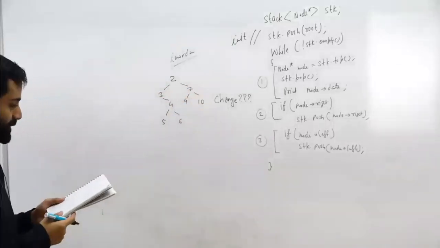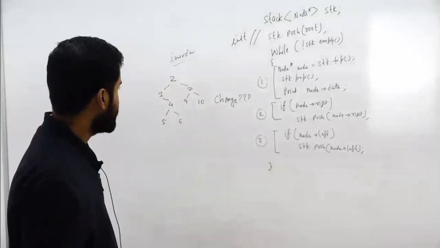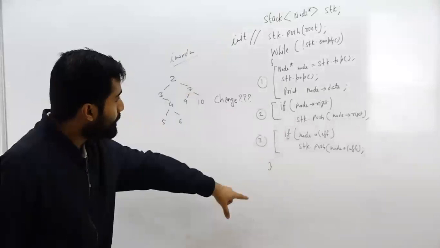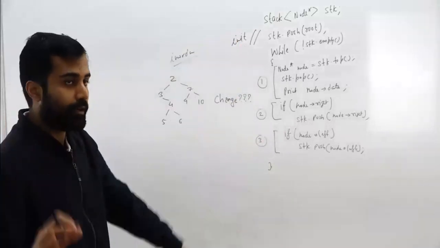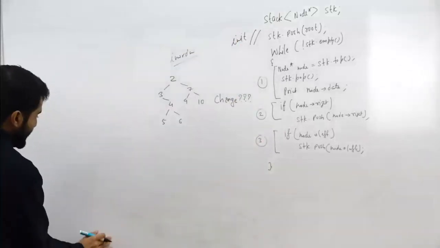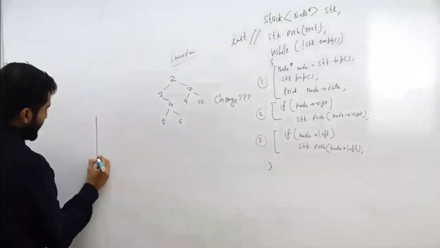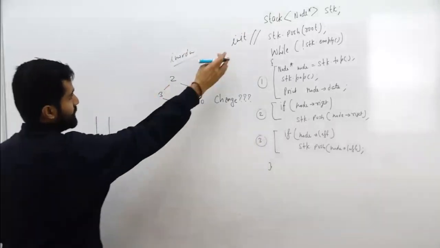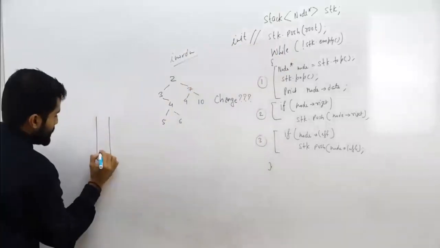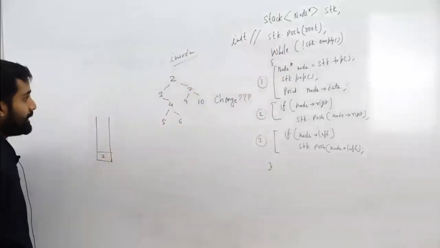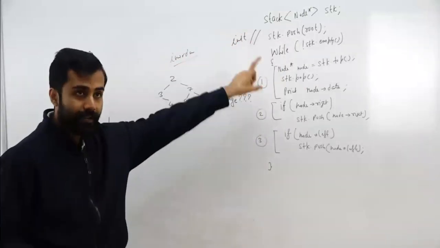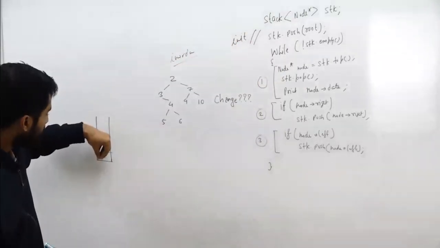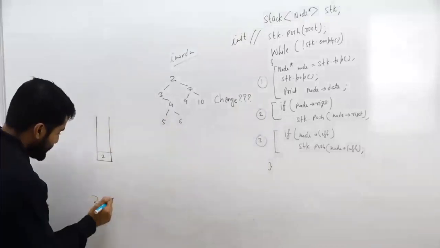Okay. So tell me, see, in this particular code, which is for pre-order, what you silently did was you took an empty stack and you pushed the root in it. That was your initialization step. You pushed your root. And now what you did according to this code was whatever is the top, you take it out and you print it.